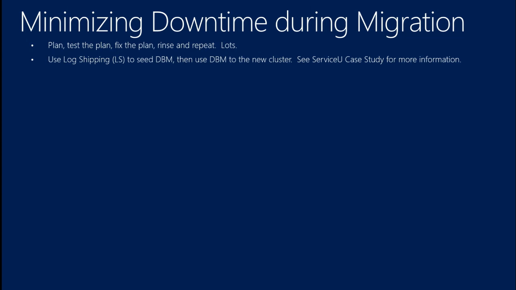In the case of doing an upgrade, if you want to do a simple upgrade with minimal downtime, one way to do that with your current database mirroring topology is keep your database mirroring in place between sites, set up a temporary server locally, set up log shipping between your primary site and that new server. The new server is SQL Server 2012, and just walk away. Go home for the weekend, enjoy it, come back.